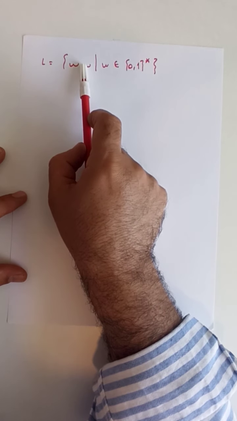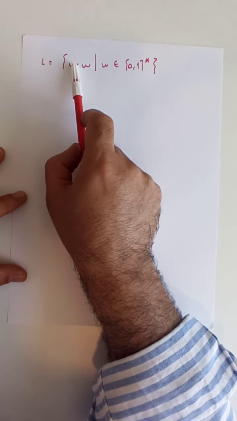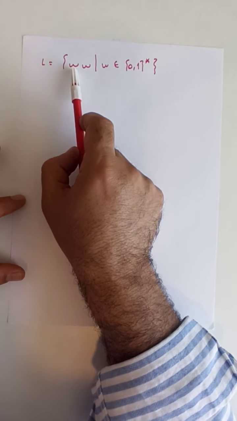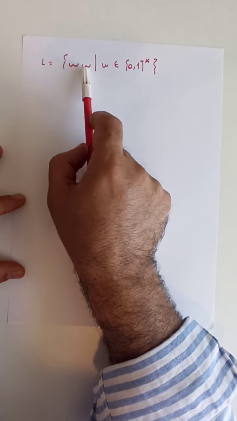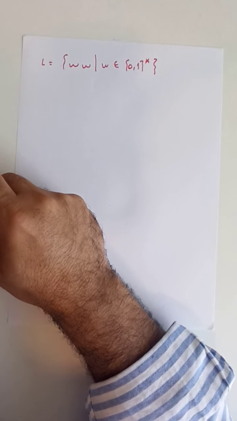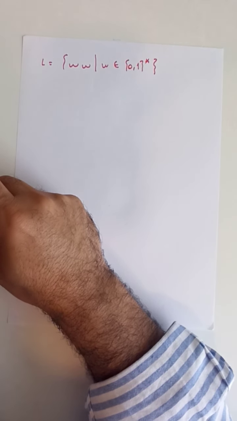To be able to compare them, we would need to empty the stack, in which case we would be losing all the information that we stored regarding the first half of the string. So such an idea will not work for this language, and we can guess that the language is not context-free.